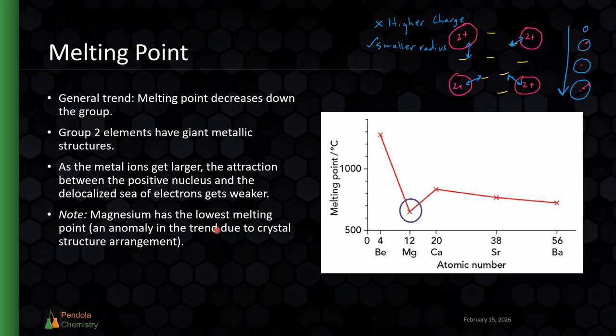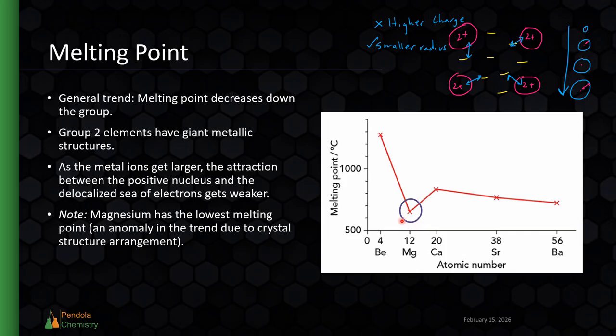But the crystal structure of magnesium is unique, which makes it have a lower melting point. But we're not going to discuss that. This is not something you need to be able to explain. You do need to know that magnesium is an exception to this trend and that it's due to its crystal structure, but you don't need to explain why the crystal structure leads to this.